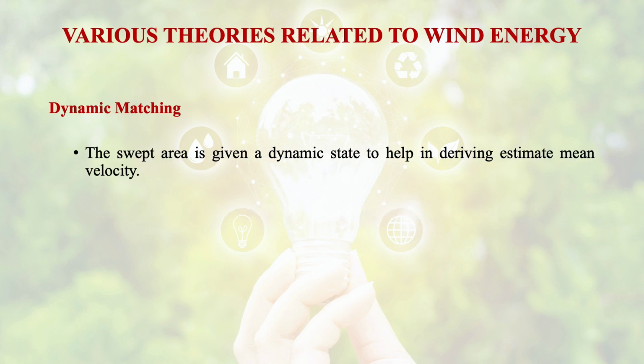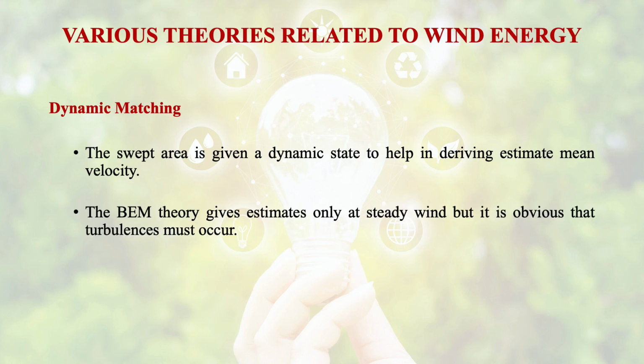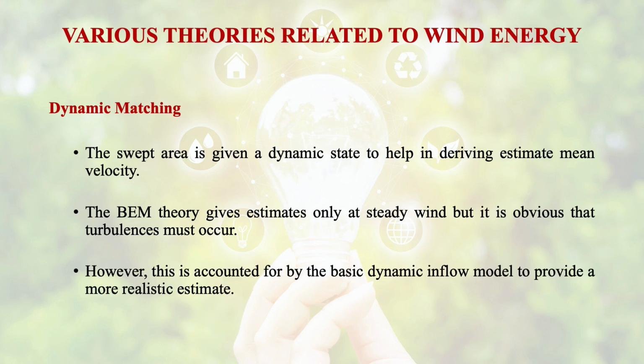The swept area is given by a dynamic state to help in deriving the estimated mean velocity. The BEM theory gives estimates only at steady wind, but it is obvious that turbulence must occur. However, this is accounted for by the basic dynamic inflow model to provide a more realistic estimate.